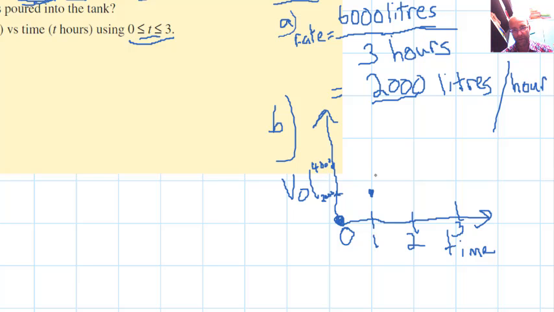My graph is very untidy, isn't it? 3 hours, that's 3 lots of 2,000. That's 6,000. Okay, so we've got a straight line. Okay, so direct proportion gives a straight line graph.